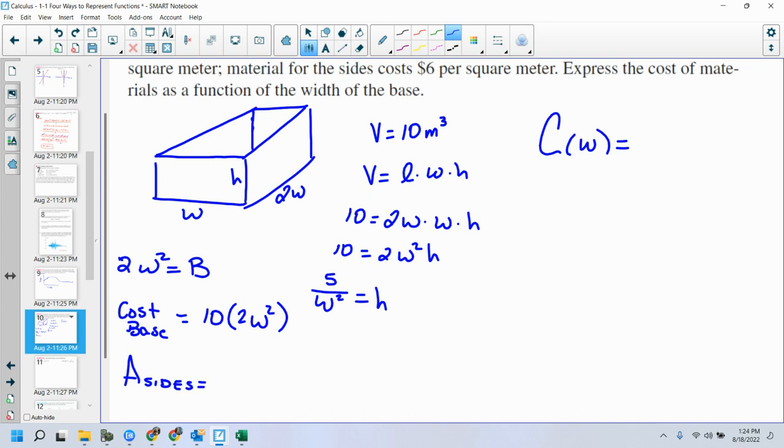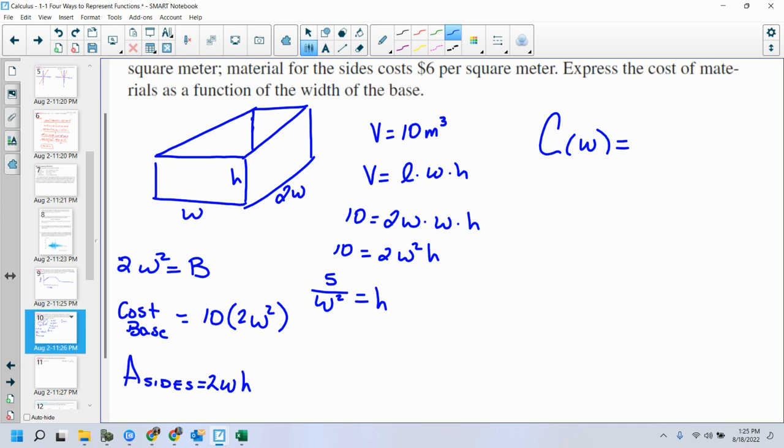Area for the sides. Let's go around. We got front and back. What's the area of the front and the back? What's the area of this front piece? WH, right? We have one of them? We got two. 2WH.